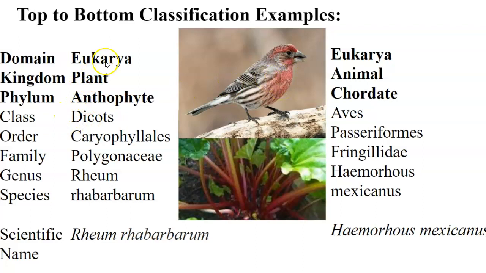or rhubarb. But every organism has this classification, categorization, unique to itself. We tend to focus more on the lower end for its scientific name, or maybe these larger categories. It's an animal. It's an animal with a backbone. It's an animal that has feathers.